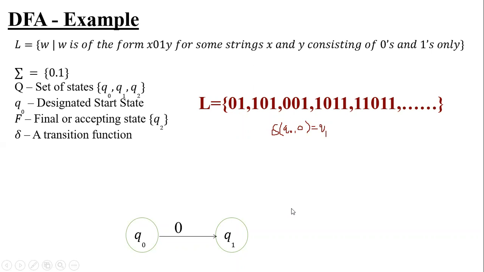So we have to draw one more state, Q2, and then there is a transition for 1. Q2, as it is a double circle, is the final state, and this transition is defined as: from the state Q1 on input 1, we will move to the state Q2, and Q2 is our final state.